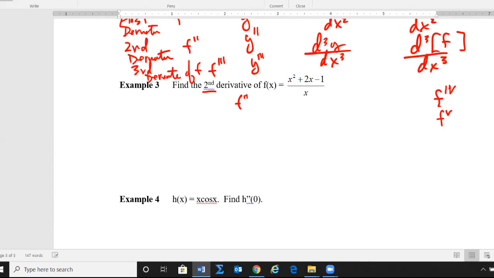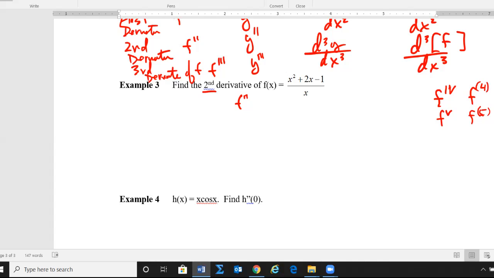Fifth derivative looks like that. If you don't like Roman numerals, you can also just write a little 4 like that, but it has to be in parentheses. You could do a 5 like that in parentheses. So that's probably easier than using Roman numerals, but it's the same. Okay. So in case you get higher derivatives, 4, 5, and so forth.